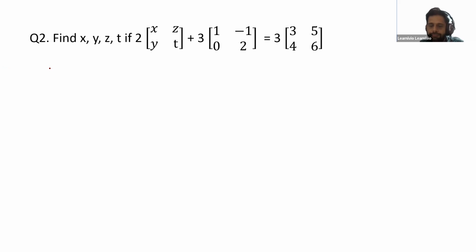This is correct. Okay, Aisha, x is 3, z is 9, y is 6, t is 6. Very good, Aisha. This is correct. Excellent.